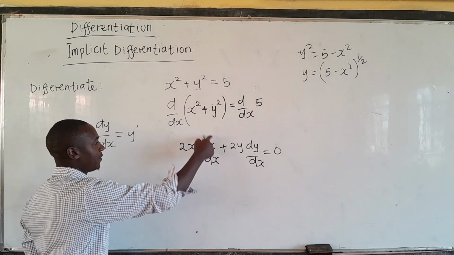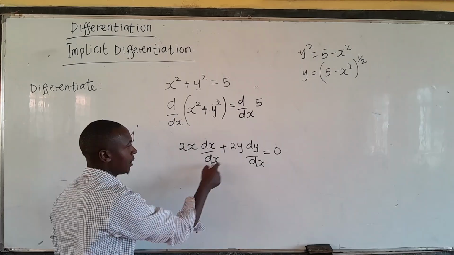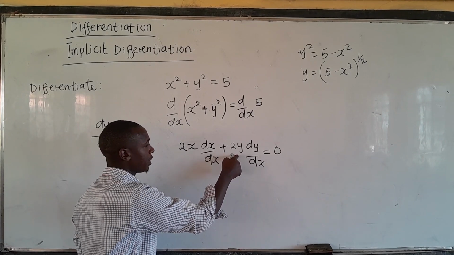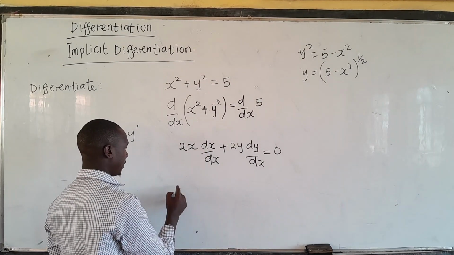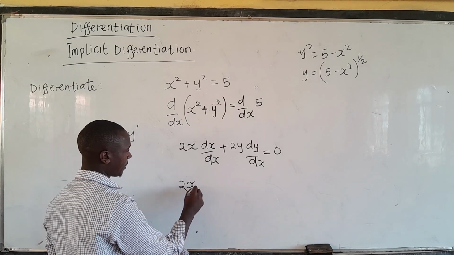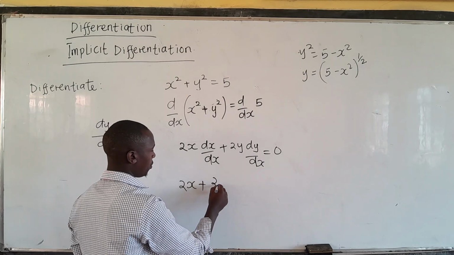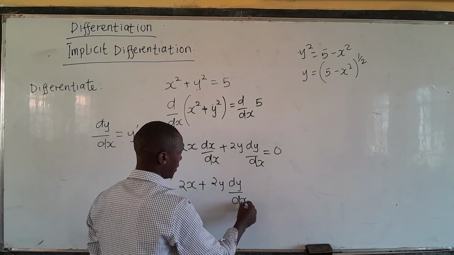So you notice that we have a term with dx over dx, which cancels out to be 1, and another term with 2y dy over dx. Then we can rewrite the equation as 2x plus 2y multiplied by dy over dx equals 0.